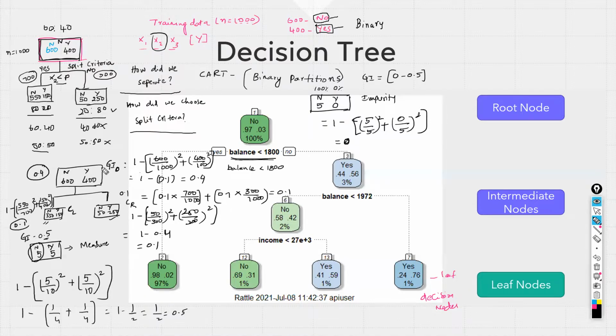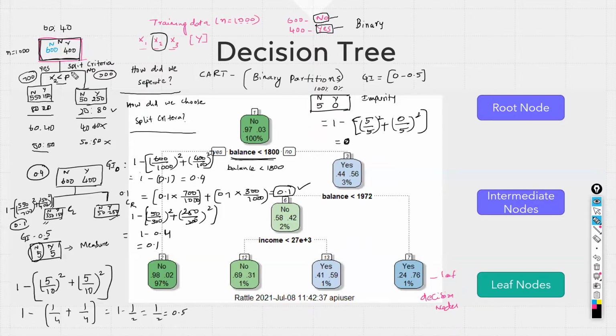At the root node, it was 0.4. At the first split level, it has decreased to 0.1. So that means the purity has improved. If it has not decreased, the purity has not improved. Since it has decreased from 0.4 to 0.1, we can consider, yeah, it has improved, right? So that is how we decide whether a split is good or not. In other words, we call this whether a split is informative or not.